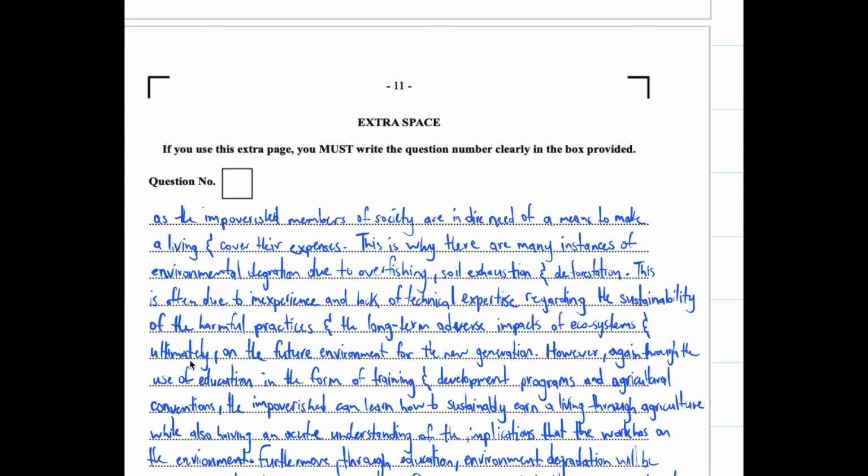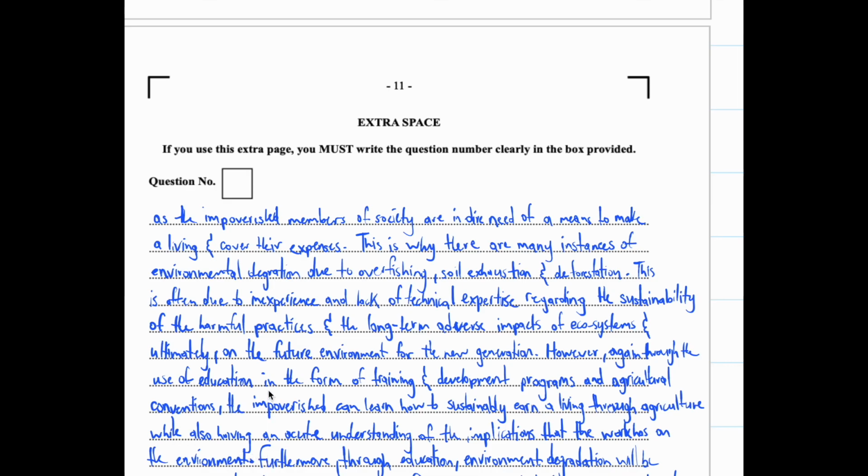You not just fish for today, but also learn how to do the fishing in a way that you can fish for the next few years and also generations after you. So they have to learn how to sustainably earn a living through agriculture and have an acute understanding of the implications that this same agricultural work has on the environment.